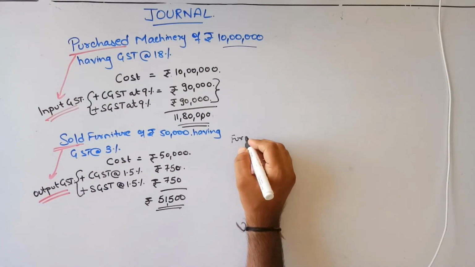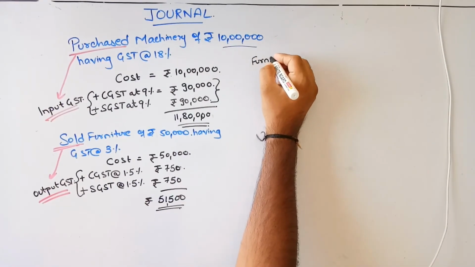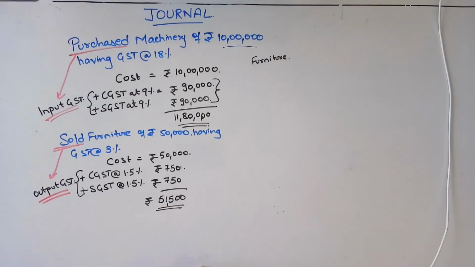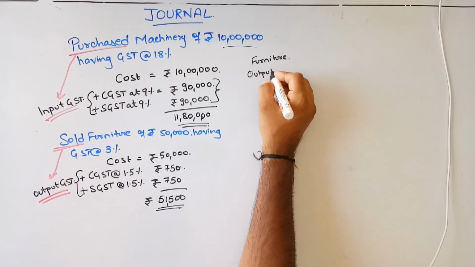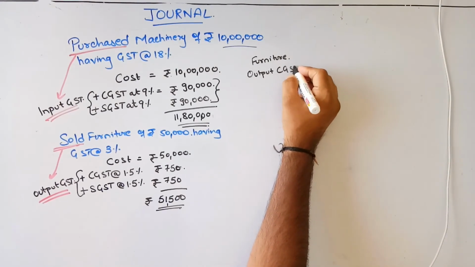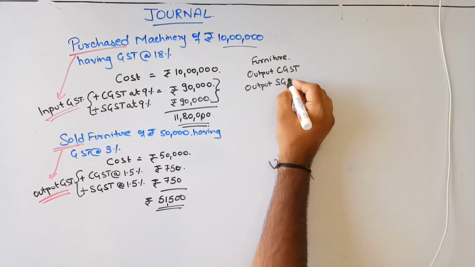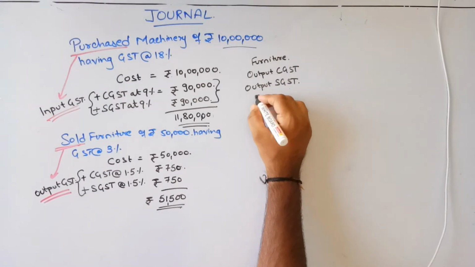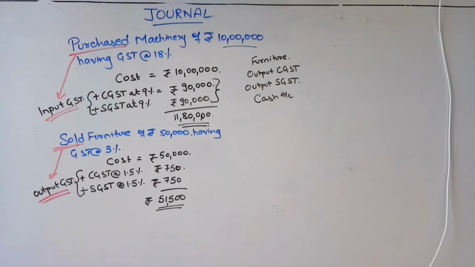I will just note it down here: furniture. After furniture, what do we have? GST, right? So this is my output CGST. Then I have my output SGST. Correct guys? And then we have your cash account, because we have sold, so we will be receiving cash.